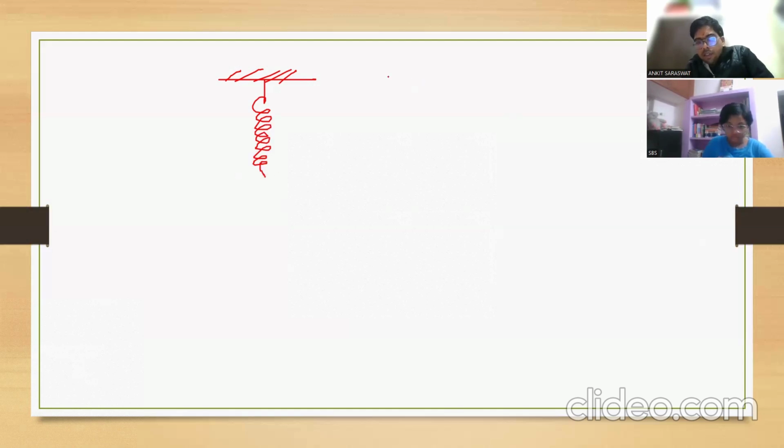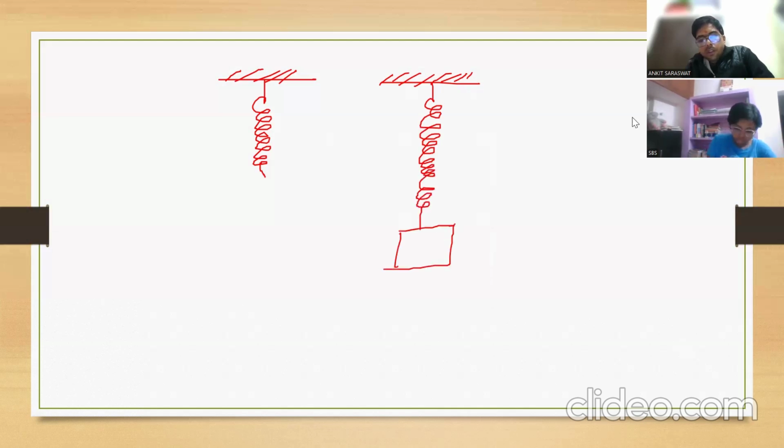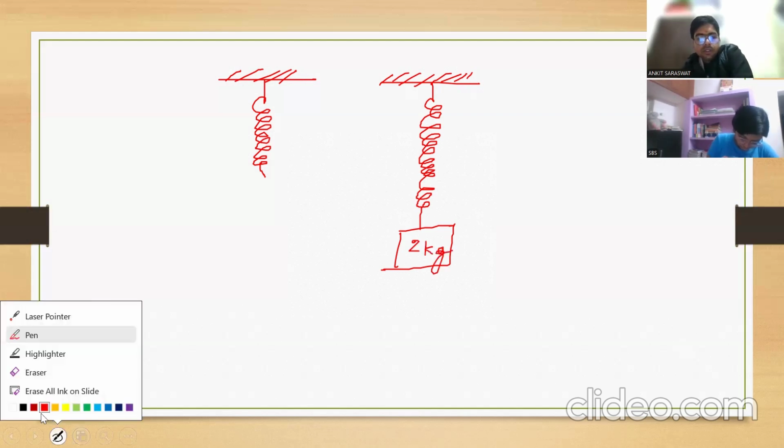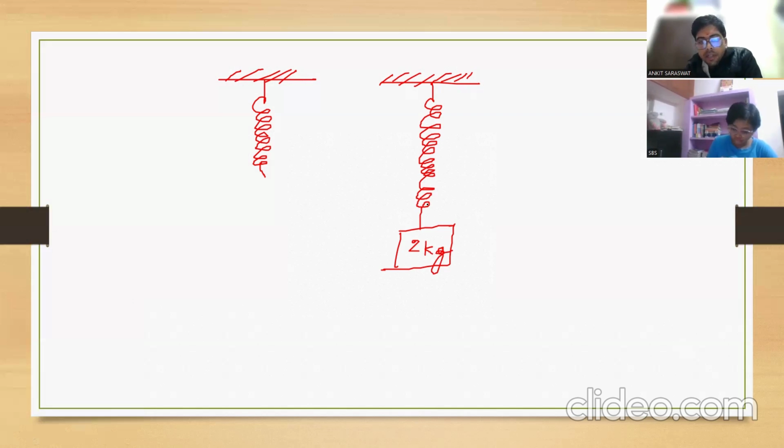Now if you increase the load, for example, you attach a mass of 2 kg, then if you draw the free body diagram, there is 20 N down and up kx, that is spring force, because now it is in equilibrium.